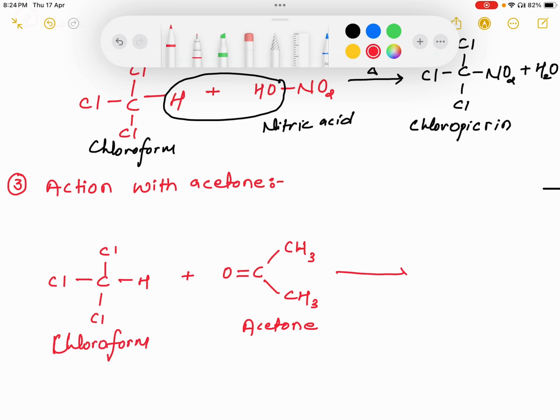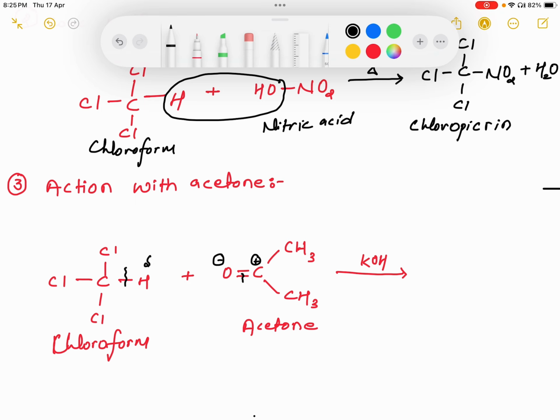When they are treated together in the presence of KOH, what will exactly happen is the double bond between carbon and oxygen will break. The oxygen will get a negative charge and the carbon will have a positive charge. Here, this bond is going to break.